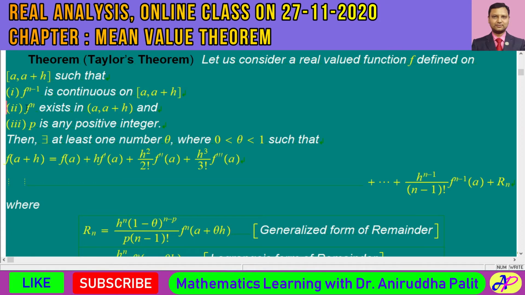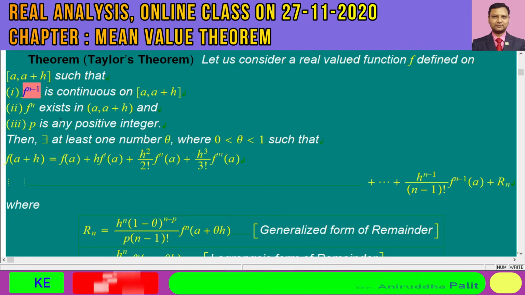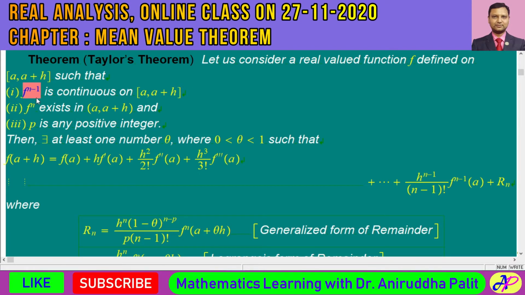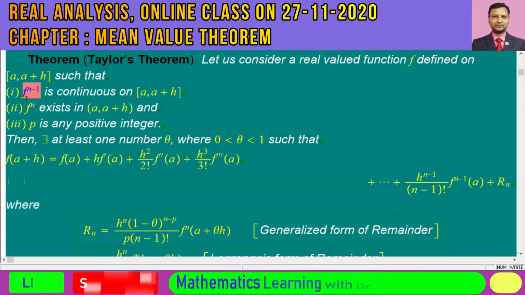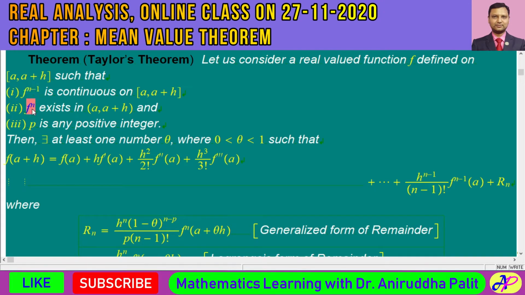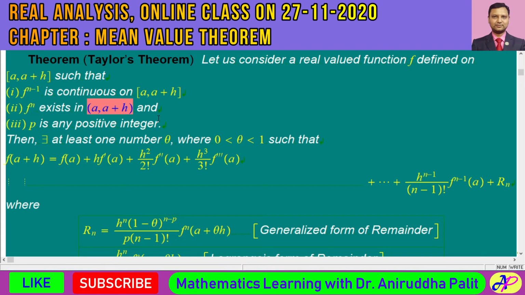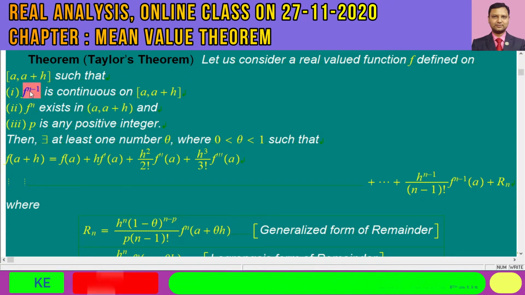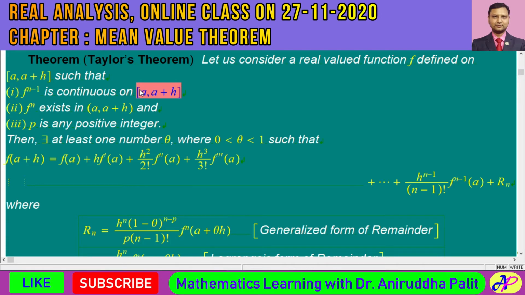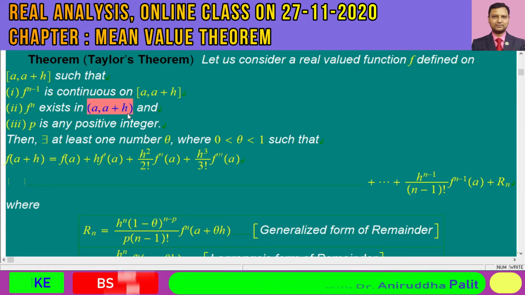Number two, we differentiate this (n-1)th derivative again and get the nth derivative f^(n); that is, the derivative of f^(n-1) exists in the interval (a, a+h). So this function is continuous in the closed interval and differentiable in the open interval.